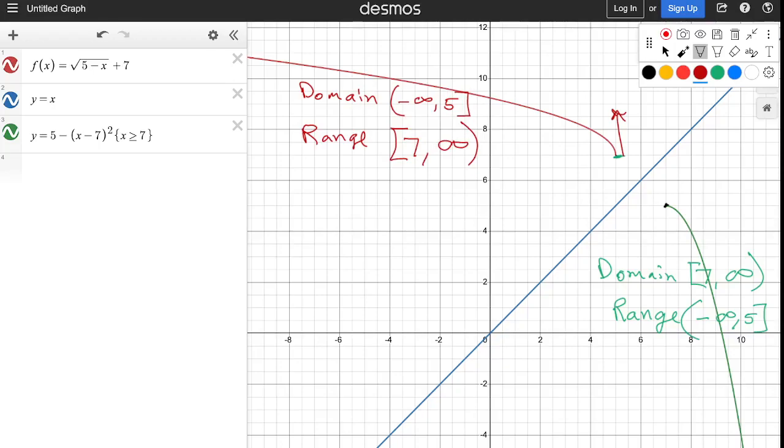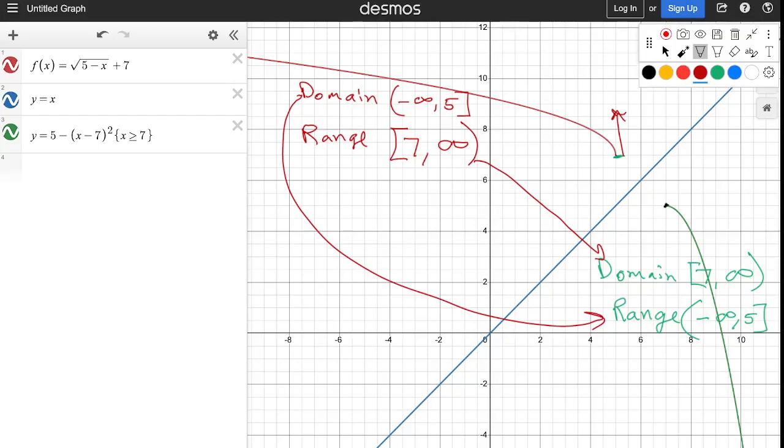Once you figure out the range of the forward function, that's going to give you the domain of the inverse function. When you have the domain of the forward function, then you also have the range of the inverse function. So they switch places because the x and y's are switching places. Well, that all worked out fine.